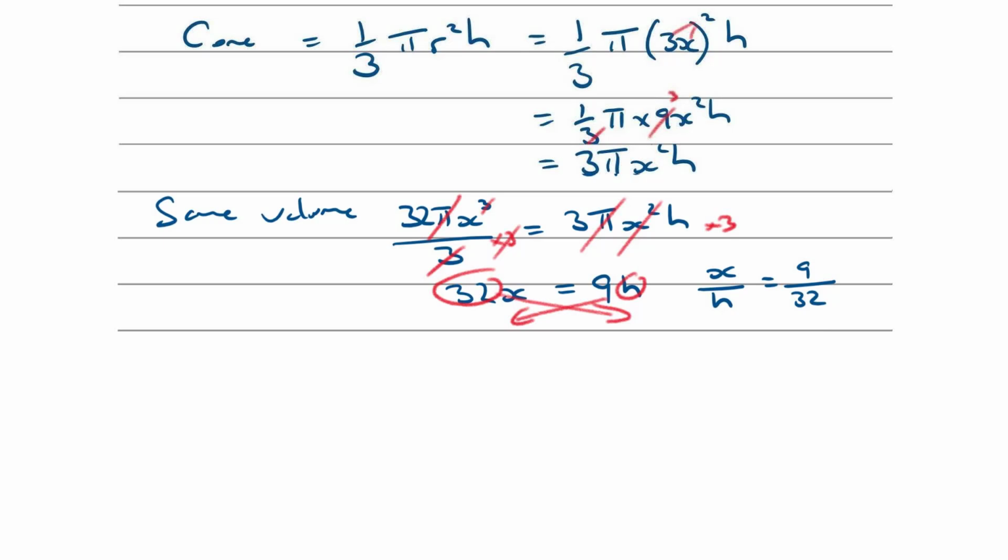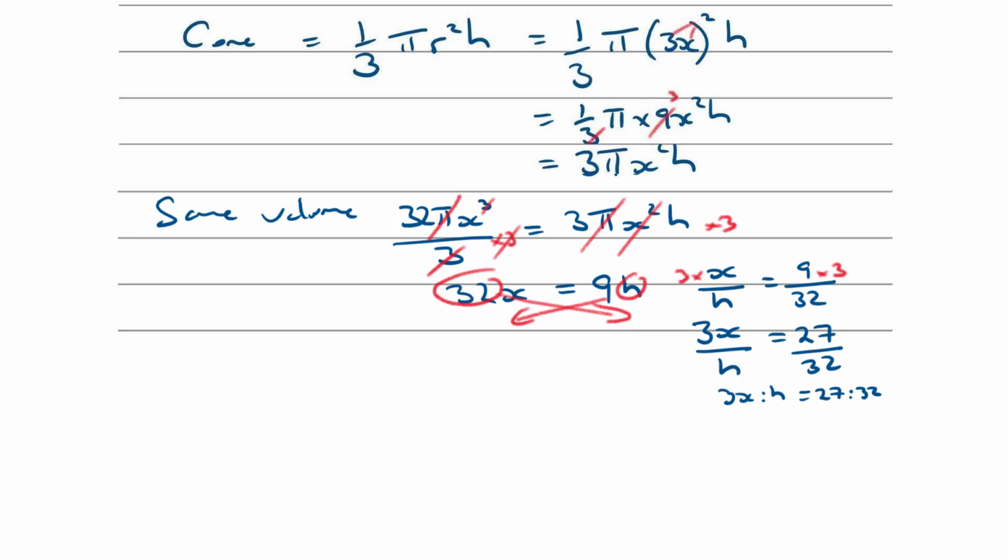So I'm just going to multiply both sides by 3 first before I then equate them. So that's going to give me 3x over h is equal to 27 over 32. So therefore the ratio of 3x to h is equal to 27 to 32.